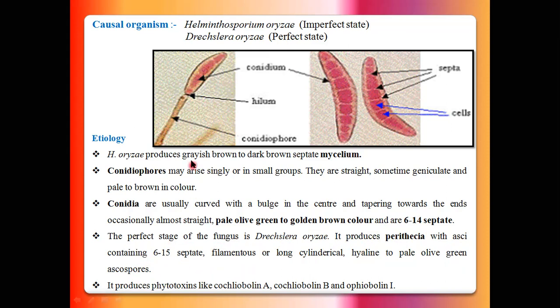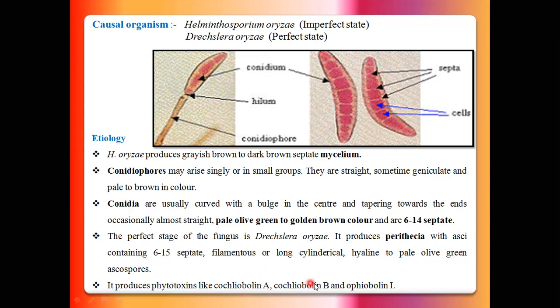This fungus produces phytotoxins such as ophiobolin A, ophiobolin B, and ophiobolin first. These three phytotoxins are produced by this Helminthosporium oryzae to easily penetrate the healthy host tissue.